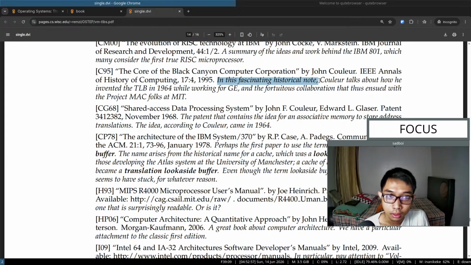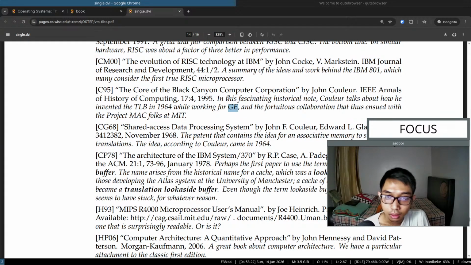In this fascinating historical note, Corbató talks about how he invented the TLB in 1964 while working for GE. What GE? This is the company name.